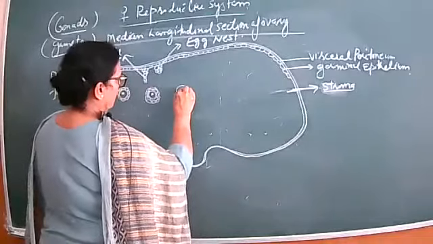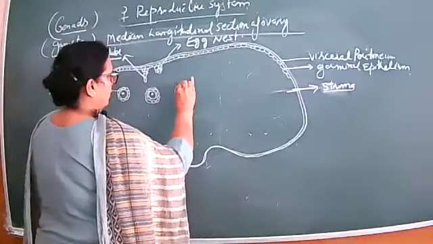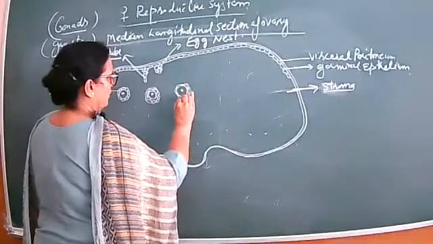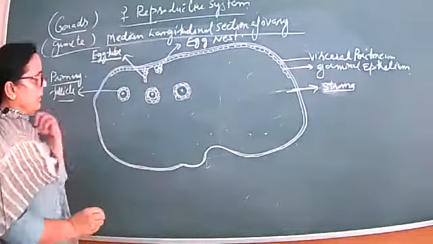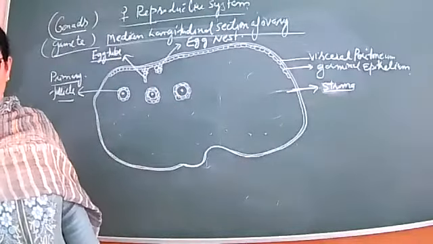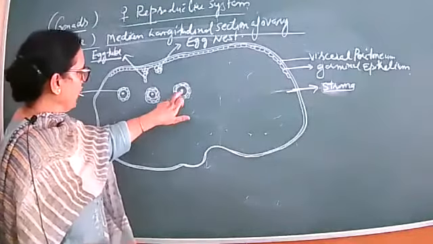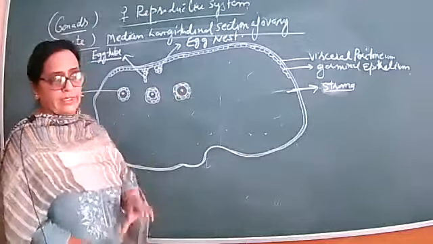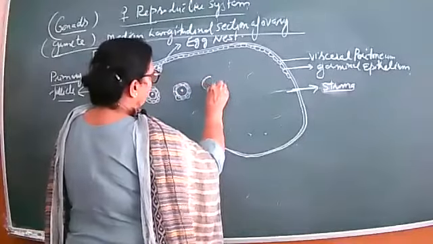Then again, another with more layers, right? Then ultimately what happens is that a cavity develops between these follicular cells and the primary oocyte. Okay, so that can be shown like this.